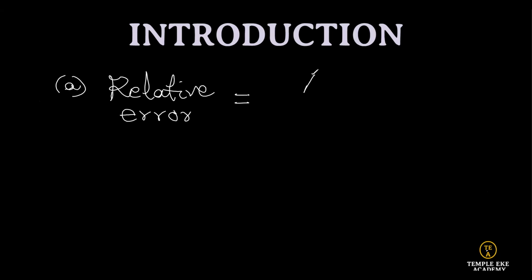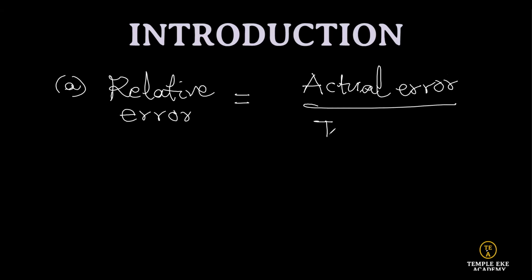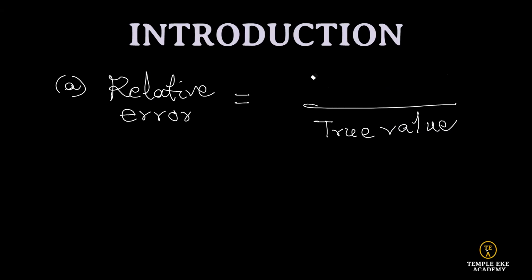So we have the actual error, and we divide by the actual or the true value. I can simply write just the error in the numerator, and that works. The value of the error, which we described earlier, simply divided by the true or the actual value gives us the relative error.